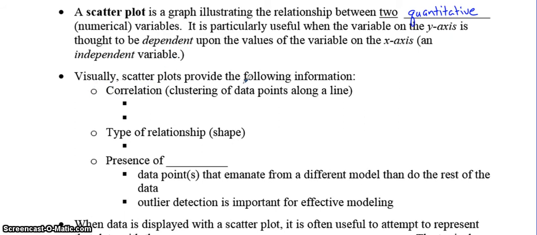Visually, scatter plots provide the following information. They provide the correlation, which is the clustering of data points along a line. When you look at correlation, what you're looking for is: is it positive or is it negative?